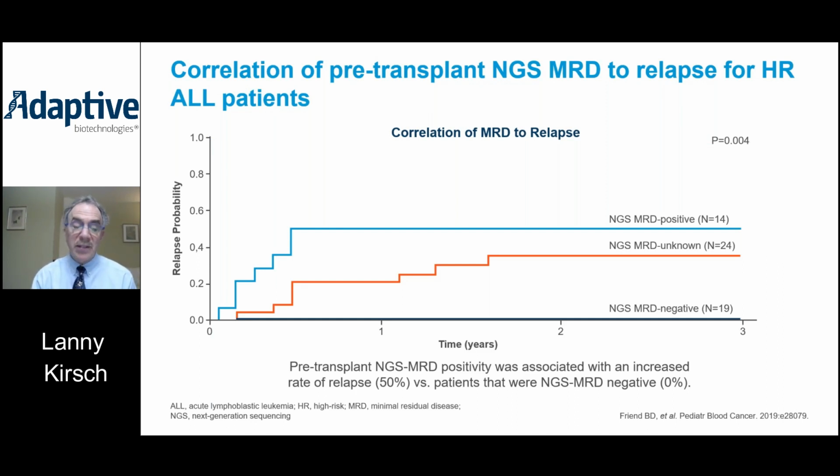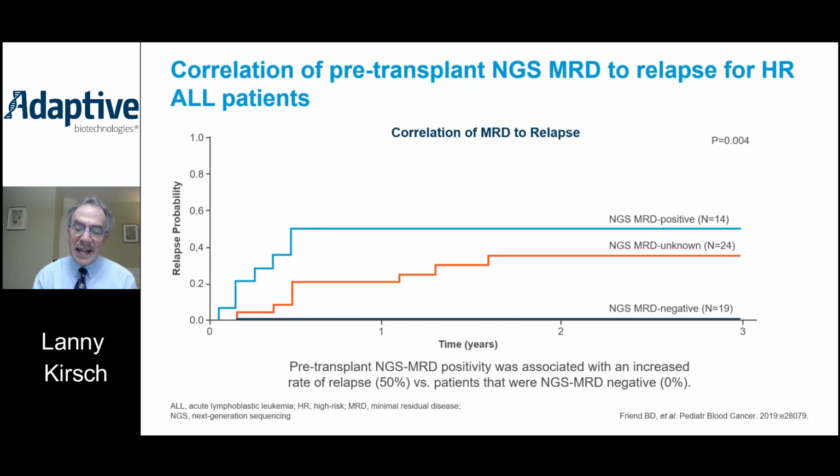Recently, another example of real-world data, shown here, seems to support this notion. In a paper by Friend et al. at the end of 2019, children with high-risk ALL who came to bone marrow transplant were studied.